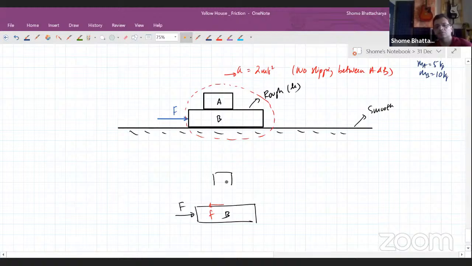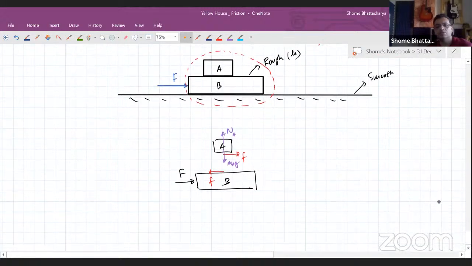Accordingly, when you look at A's free body diagram, it will be applying an equal and opposite friction like this. This is an action reaction pair. The friction that B applies on A is forwards, and the friction that A applies on B is equal and opposite, backwards. Apart from that, of course, you have the vertical forces: this weight, this normal reaction.